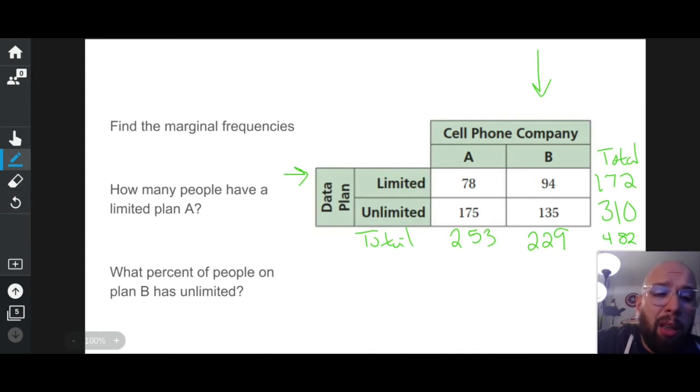I think I'm good. What I'm doing is adding all the rows, all the columns, and all of them together, and it looks like I'm in okay shape. So find the marginal frequencies. Cha-ching. How many people have a limited plan A? I'm talking about limited, I'm talking about A, and that's 78.